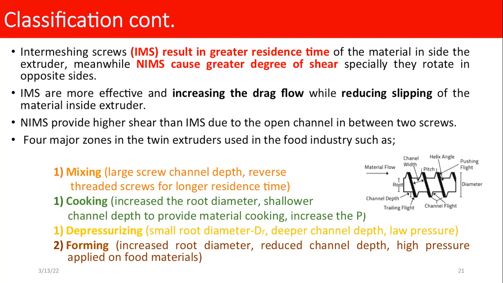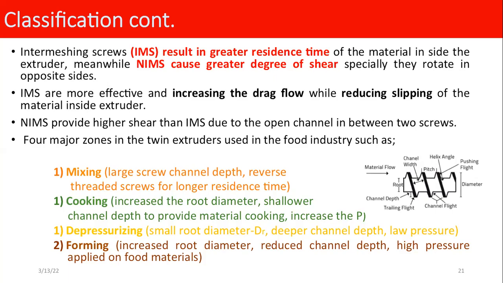Right? Then intermeshing screws are more effective in increasing the drag flow while reducing slipping of the materials inside. In intermeshing extruders the drag flow is higher and slipping is lower. Lower slipping means the pressure flow, the backward flow, automatically decreases.